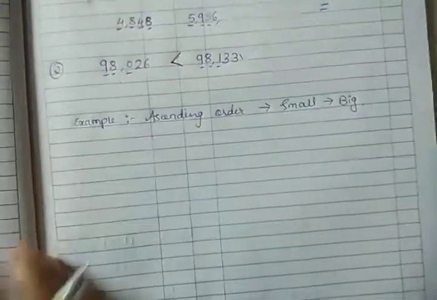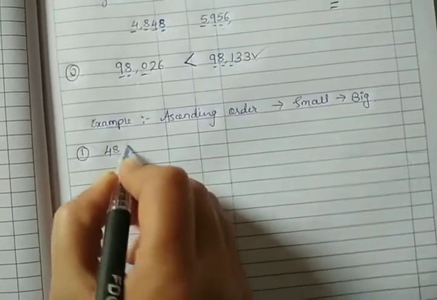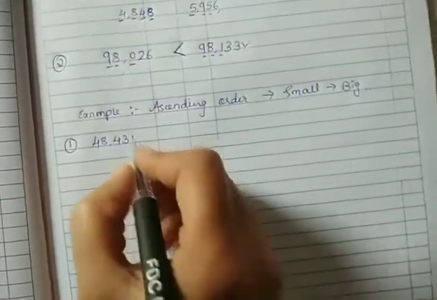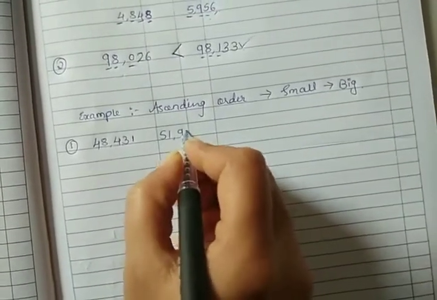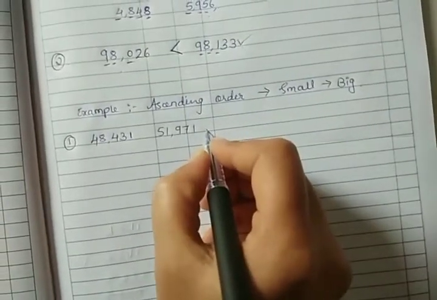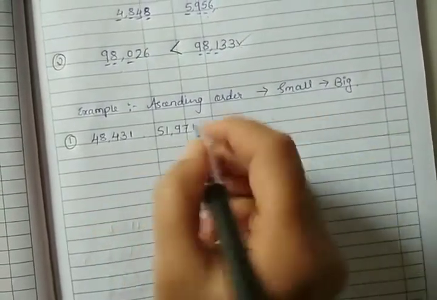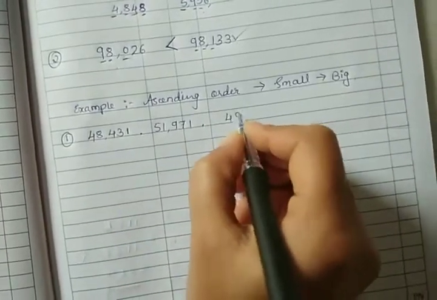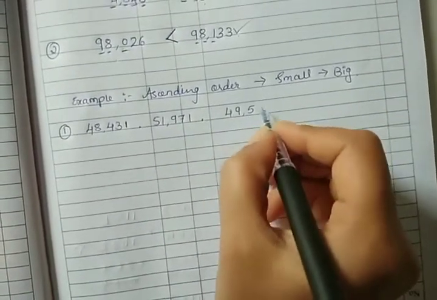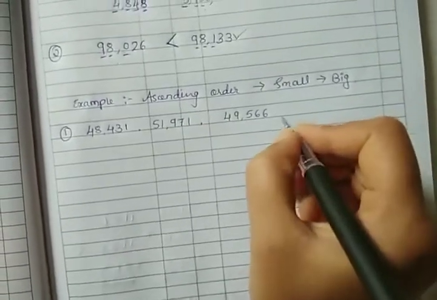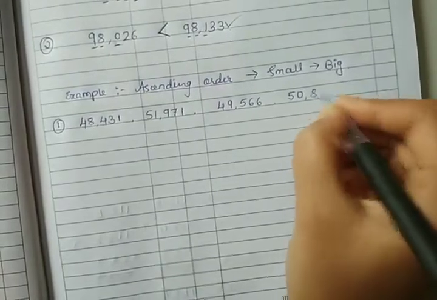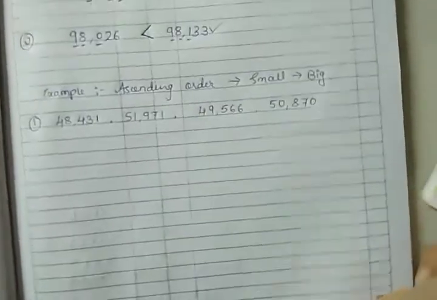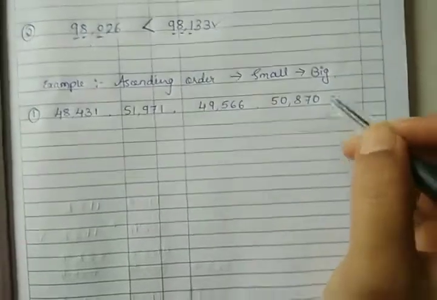Okay, I'll take the example here. 48,431, 51,971, then 49,566, and the last one I'll take 50,870. Okay, now we'll arrange these numbers in ascending order.